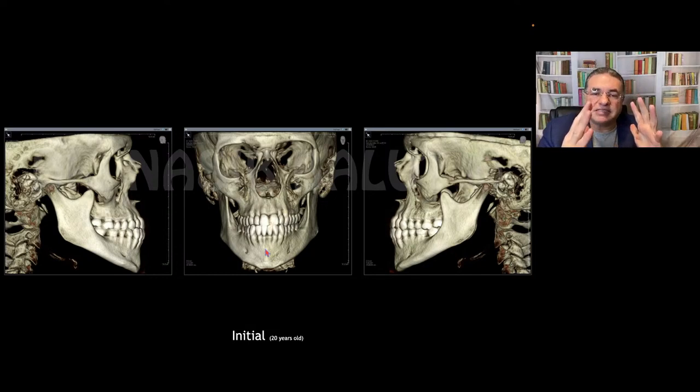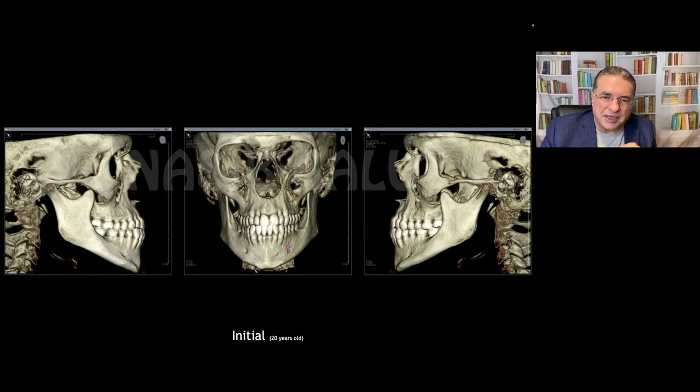And if I place low torque inclination in these patients, I might end up with the apex out of the cortical bone. And clinically, a lot of times we don't even notice it. So I don't want to do blind orthodontics. That's why I think this is very important.